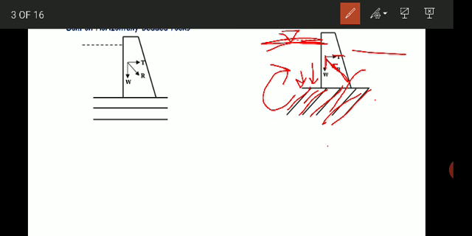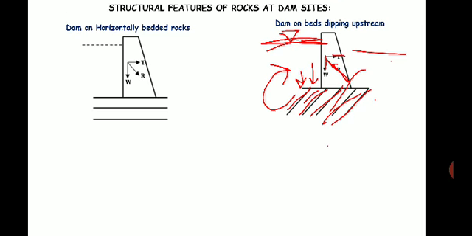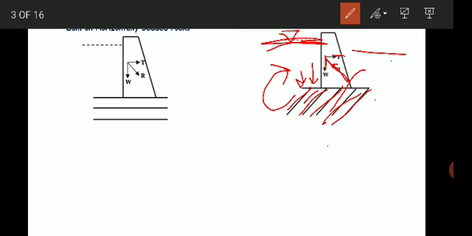If the beds are dipping in the upstream direction, even if there is some leakage, the water will be circulated towards the reservoir along the bedding plane. Bedded rocks are stronger in compression and take greater stress when it is applied normal to the bedding plane. So they are the best suited for construction of a dam.